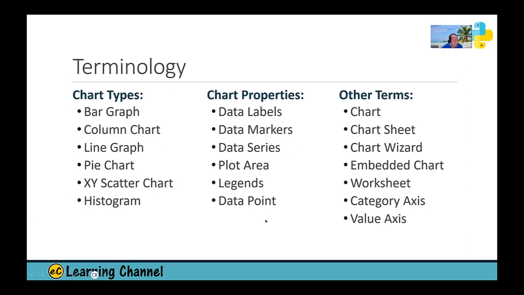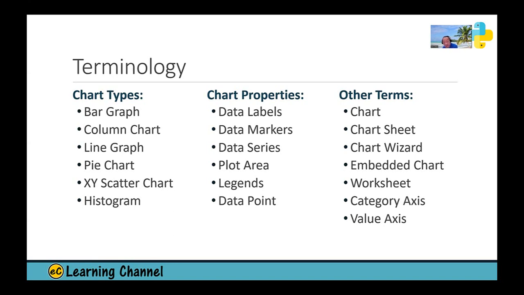There are a few terminologies you need to know. What is a bar graph? What is a column chart? What is a line graph? What is a pie chart? What is a scatter chart? What is a histogram? Those are different kinds of charts or graphs. You also need to know that in a chart there are data labels, data markers, data series, plot area, legends, and data points.